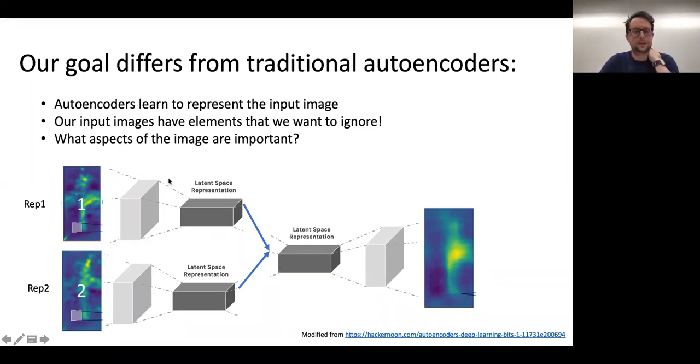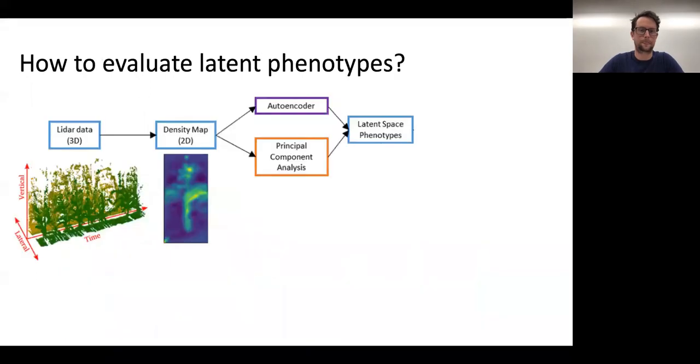And what we're hoping is that in doing it this way, we're teaching the model to learn the aspects of these technical replicates that are important while ignoring things like leaf motion or the position of the rover within the plot as it drives through.